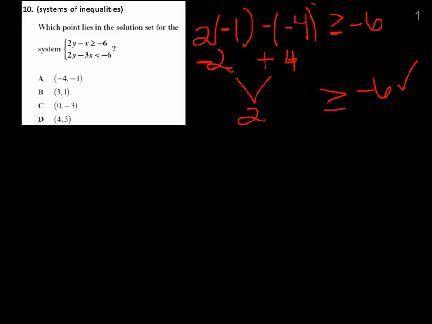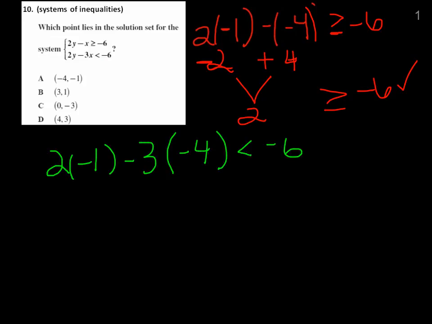Now let's try it with the second equation. 2 times negative 1 minus 3 times negative 4 should be less than negative 6. Let's see, 2 times negative 1 is negative 2, minus 3 times negative 4 is the same as plus 12, and that is not going to be less than negative 6, because that's going to equal 10, so, okay, we know that one's out of the question, so we can erase this.